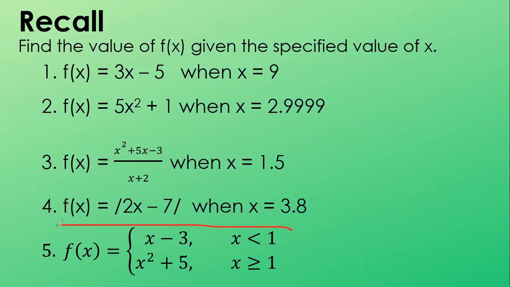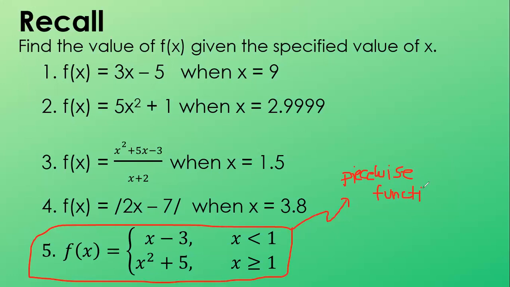So this is called the piecewise function. Since it has certain conditions, the formula is different for each given condition. Okay, so let us have an example. What if I ask you, what is the value of f of x if x is equal to 0.3?